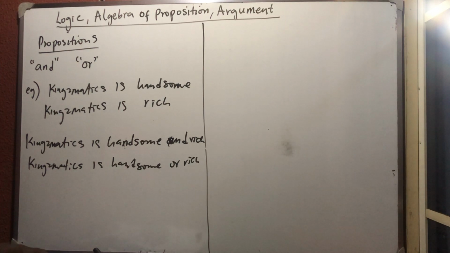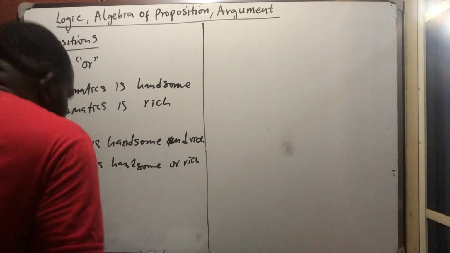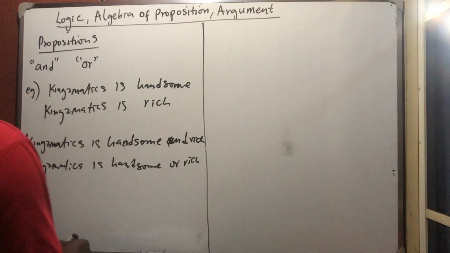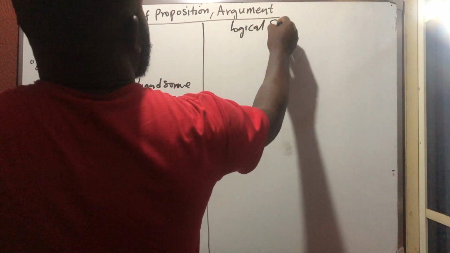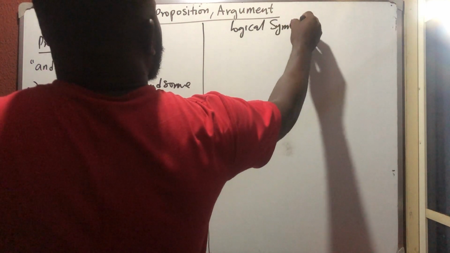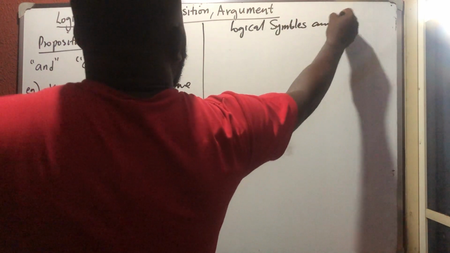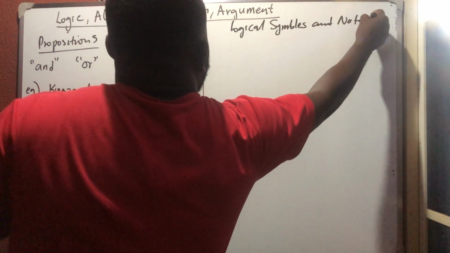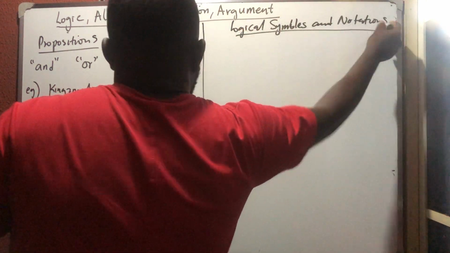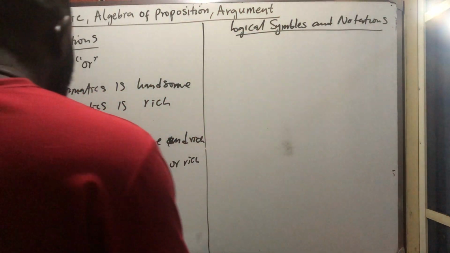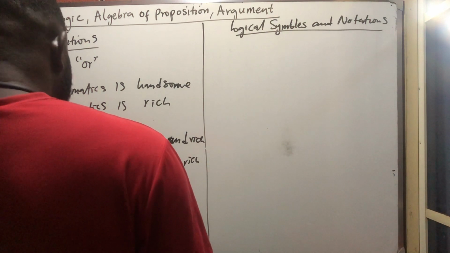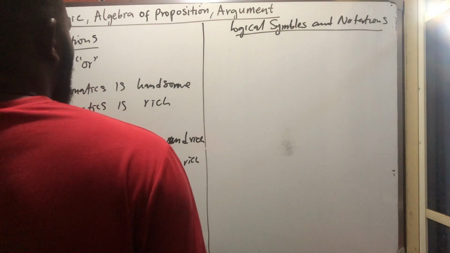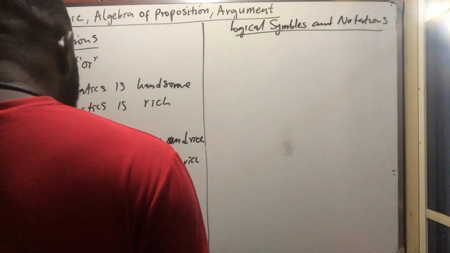So now let's look at logical symbols and notation. The first one we are going to look at is that we use small letters to denote statements.